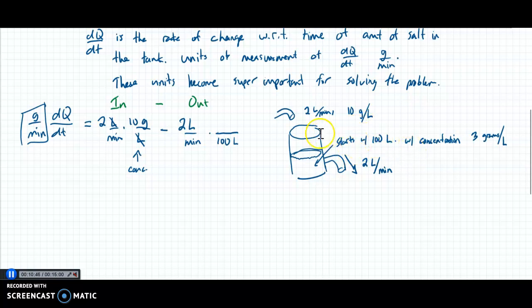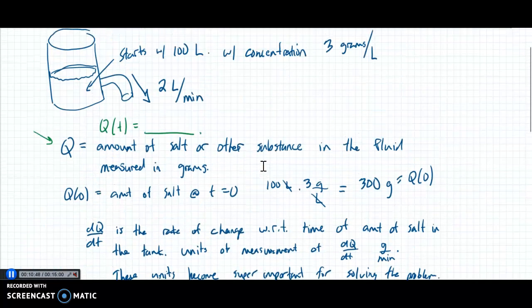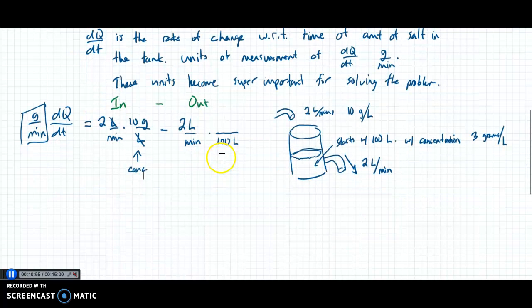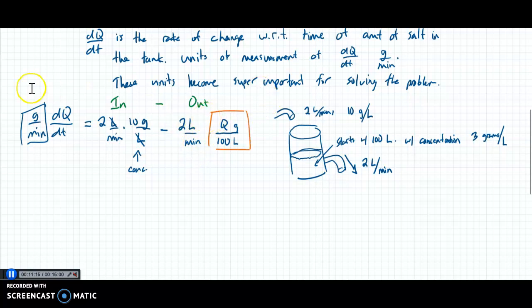Well, Q of T is the grams of salt in this tank, right? So I'm going to put my Q right there, because Q is in grams and it's what's flowing out. The other way to think about it: the in is the inflow rate times the in concentration, so the out is going to be the outflow rate times this little fraction, which is just the out concentration.